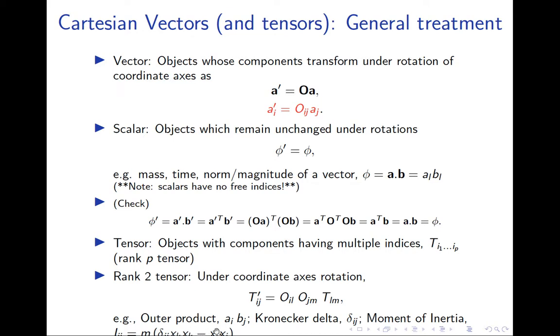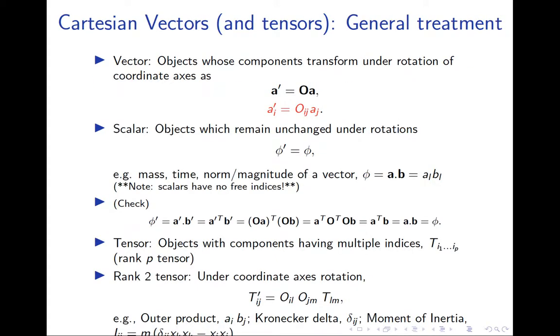So it's an outer product of x_i and x_j, and it has a Kronecker delta. Each of them is a rank 2 tensor, so a sum or difference of 2 rank 2 tensors is also a rank 2 tensor, multiplied by a scalar. If you multiply any tensor by a scalar, its rank doesn't change, it remains the same rank tensor. So the moment of inertia is, I think, the first non-trivial rank 2 tensor you learn in physics and mechanics.